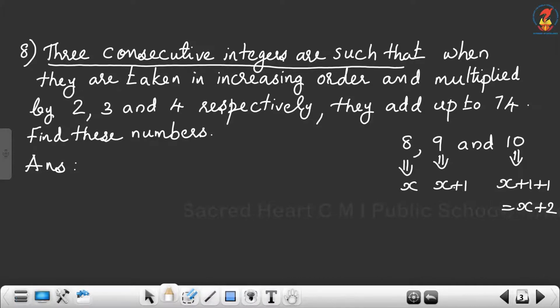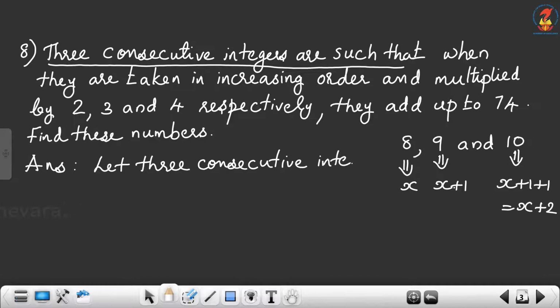So you have to remember that the consecutive integers we can take as x, x plus 1 and x plus 2 respectively. Let three consecutive integers be x, x plus 1 and x plus 2 respectively.